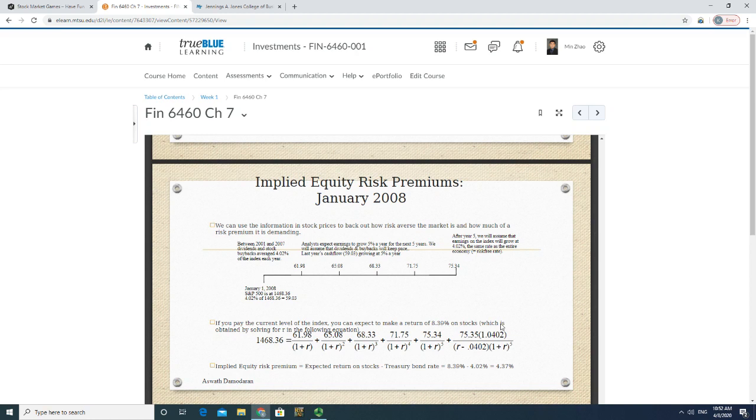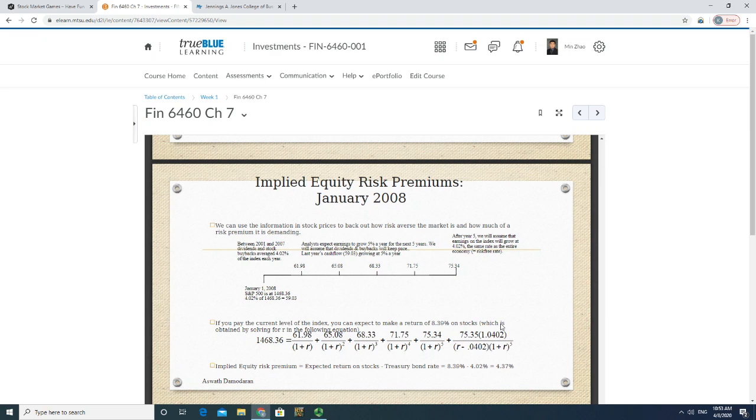So if we use this assumption and plug in the dividends for the first 5 years, and utilize this two-stage model, as you see in this formula, R is an unknown. Given we know the S&P 500 index, we can solve this equation to find R, and that R is the estimation of market return.